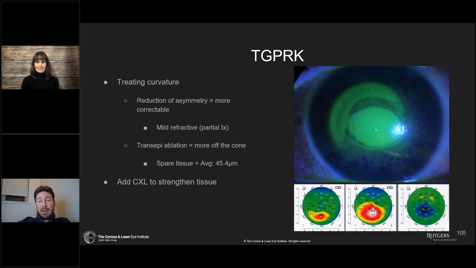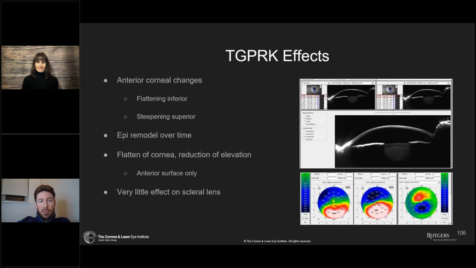Now, this is a tissue sparing technique. We are not removing a ton of tissue to create like a 4 diopter or an 8 diopter change. We're removing very, very sparing amounts of tissue in certain areas, in very small zones, to create effective curvature changes without destabilizing the cornea. So what are the effects here? We flatten quite a bit.